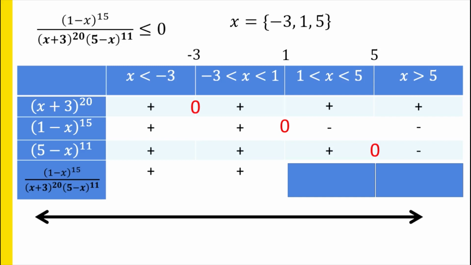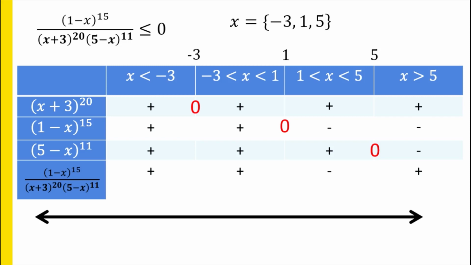And then we have here negative for the numerator, divided by both positive times positive, which is negative. And then for the last column, we have here negative over positive times negative. So that's negative, and negative over negative is positive.